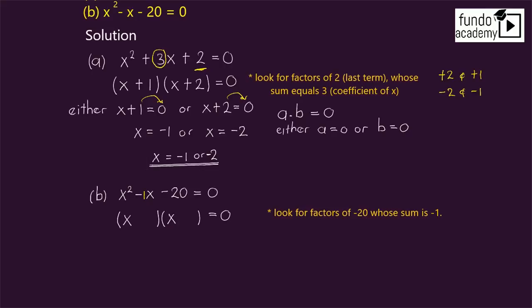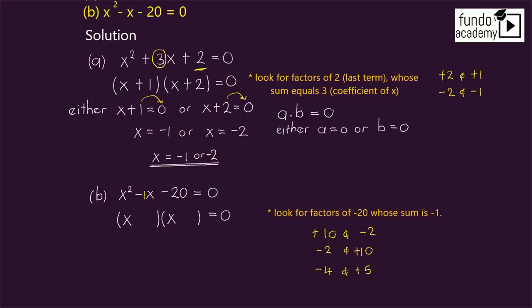Remember, I said we do that by trial and error. So factors of -20, we've got many factors of -20. We can say we have like 10 and -2, or -2 and 10. These are factors. Or we can have -4 and +5.